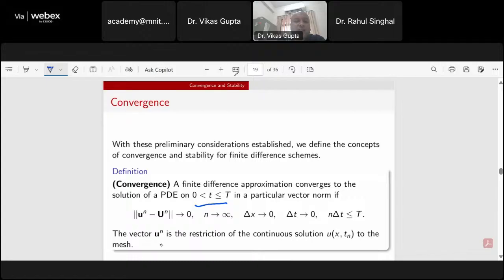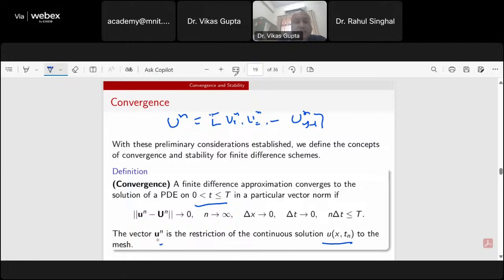Here the vector u n is the restriction of the continuous solution u(x, tn) to the mesh. Am I right? Note, what is the capital Un vector? Un vector is u1n, u2n, and so on, u(J minus 1)n. Here u is a continuous solution. So it means that un is u(x1, tn), u(x2, tn), and so on, u(x(J minus 1), tn), at the points x1, x2 and x(J minus 1).